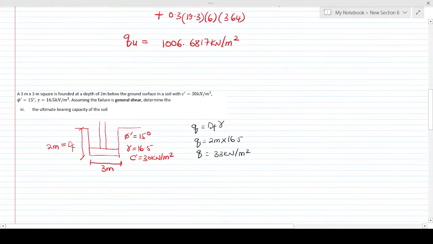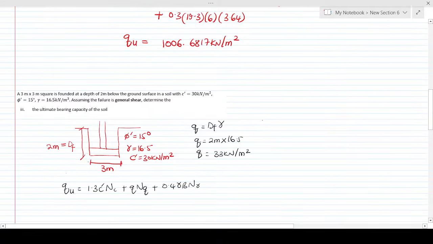Now, what is the formula? If I have local shear and it is a square foundation, the ultimate bearing capacity is given by 1.3 C prime NC plus Q NQ plus 0.4 gamma B N gamma. So I need bearing capacity parameters.